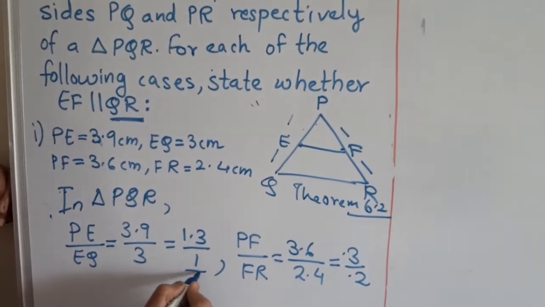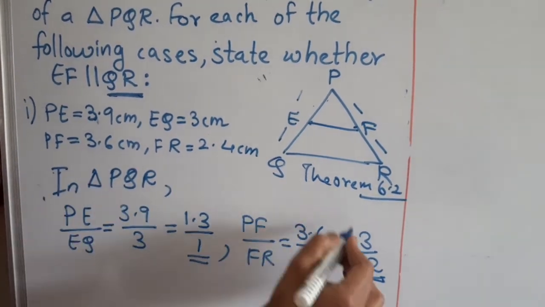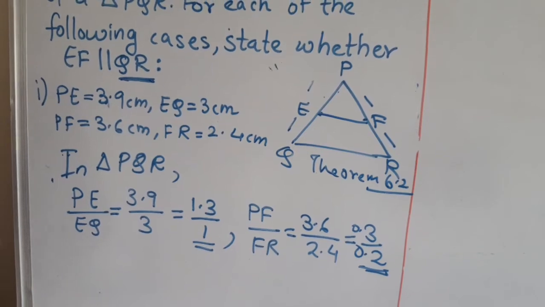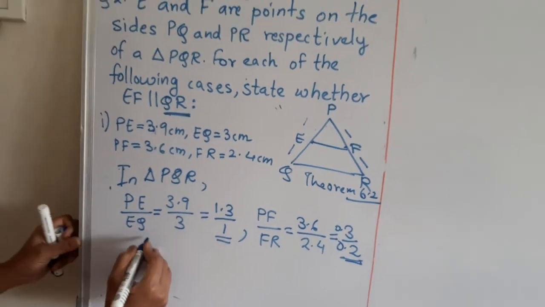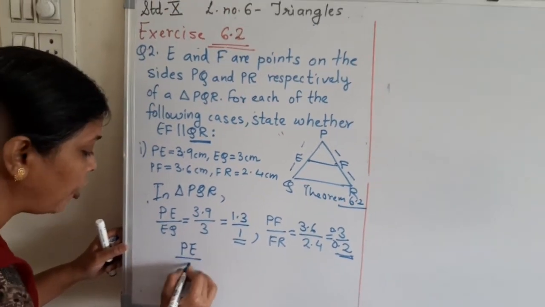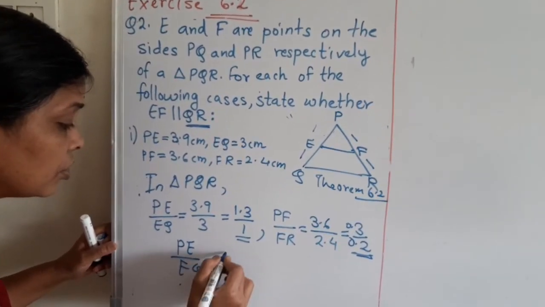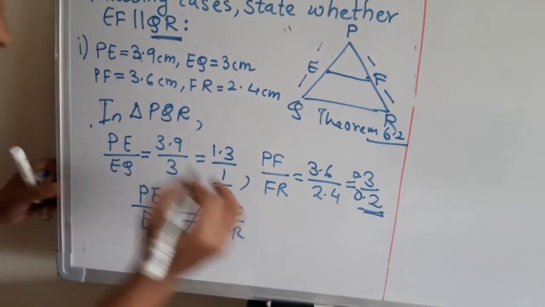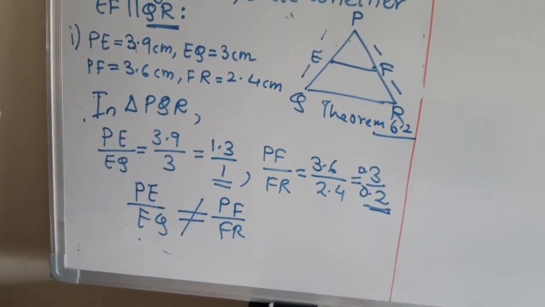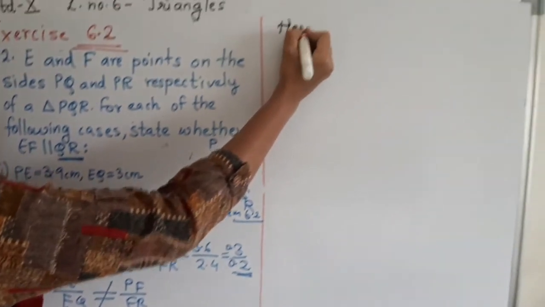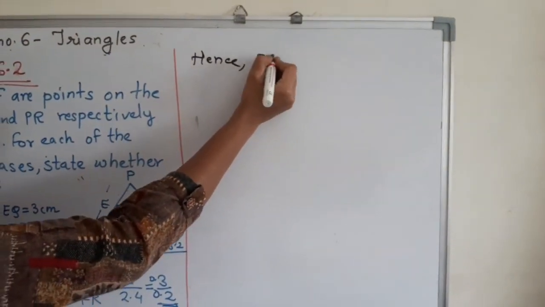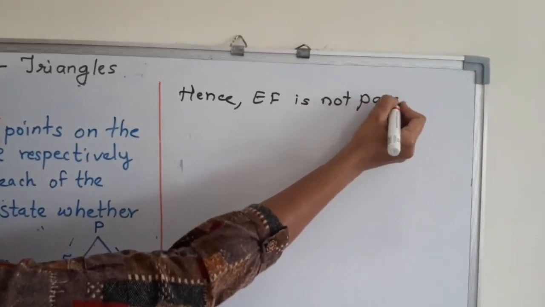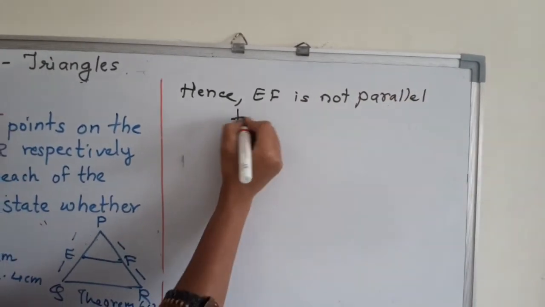If you see this ratio and this ratio, these two ratios are not the same. Hence PE upon EQ is not equal to PF upon FR. And hence we prove that EF is not parallel to QR.